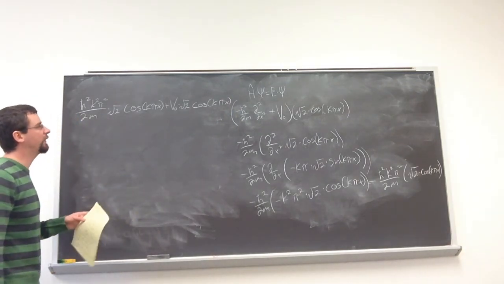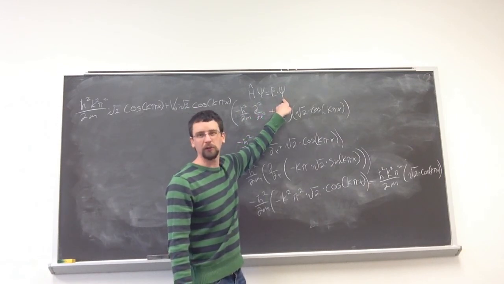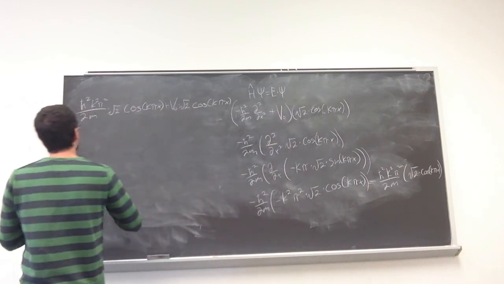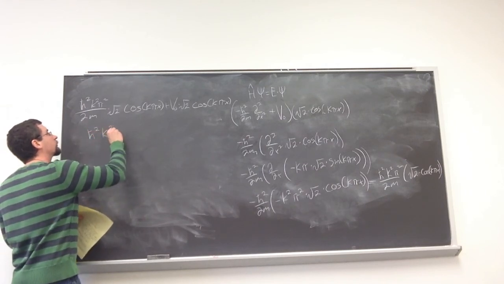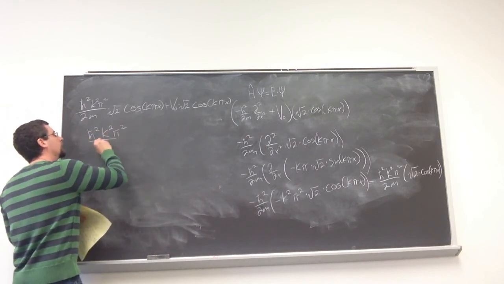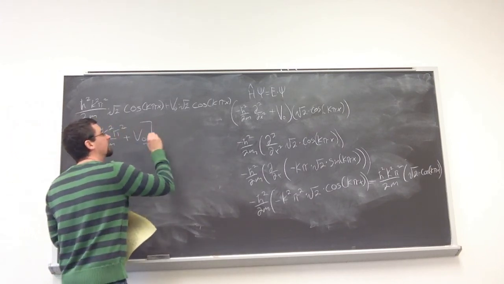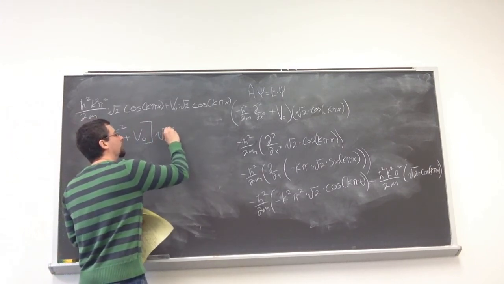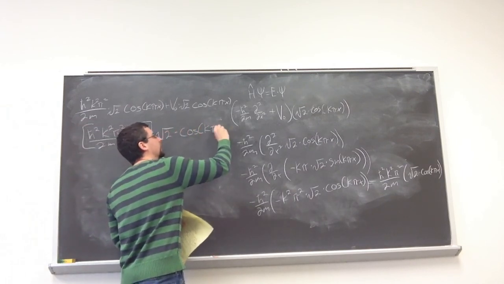Okay, if we simplify this, remember we have to end up at some form like this. We've got to pull our original wave function out. If we do that, we get h bar squared k squared pi squared over 2m plus V naught, all of this multiplied by square root of 2 cosine k pi x.